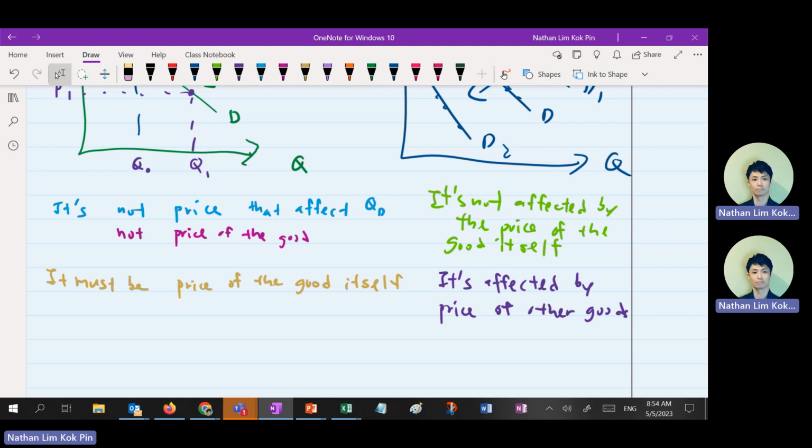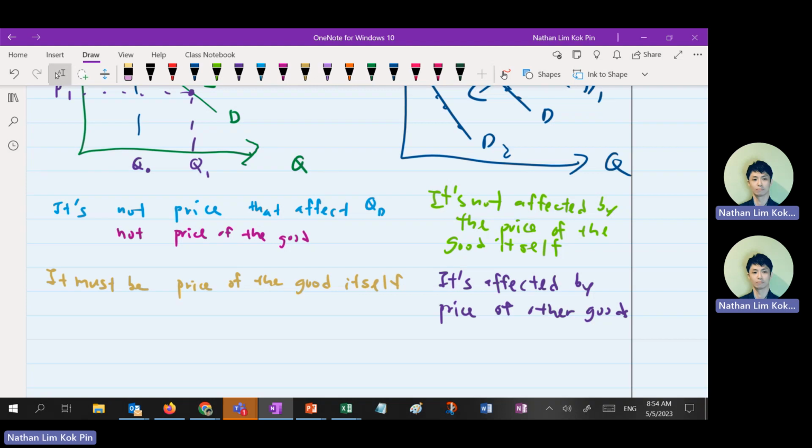Price of Bros will not affect Tupperware quantity demanded, but price of Bros will affect Tupperware demand. See the words I use? QD and D have to be very, very specific.